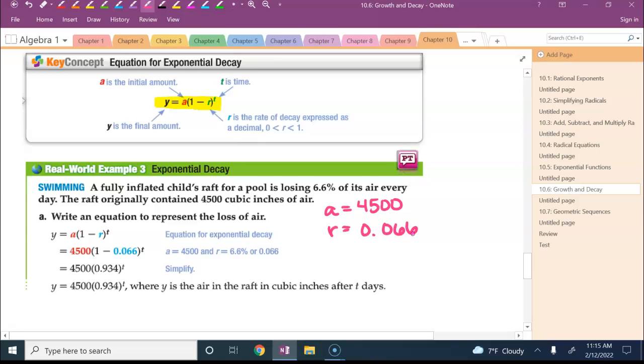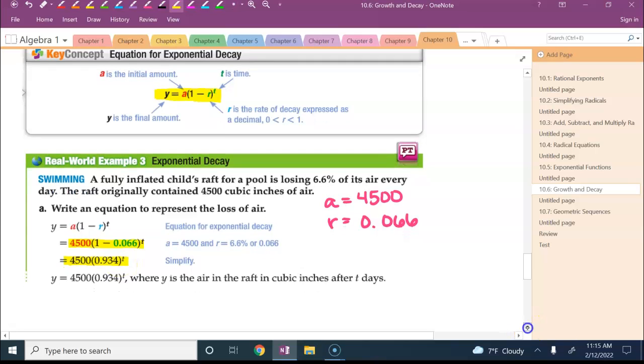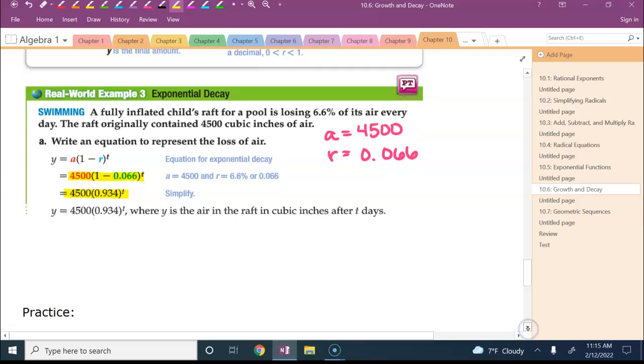So you can see how they wrote their equation here. They plugged in those pieces, and they simplified it. Now, T would be how many days that we're looking at, or how long that this has been deflating for. So, for example, if they wanted me to figure out what it was after 15 days, or 20 days, or 30 days, I would plug that number in for T.